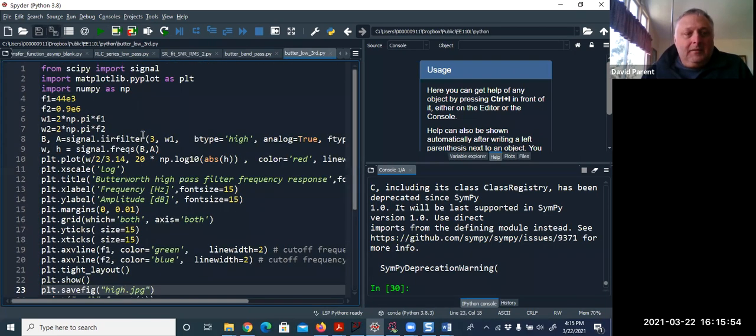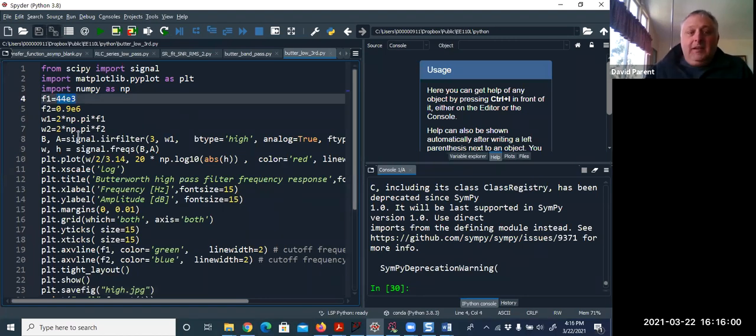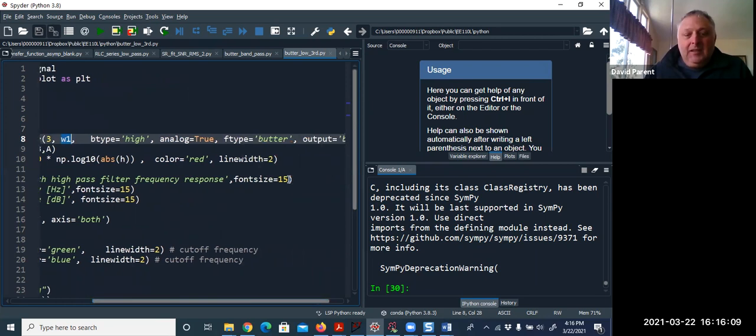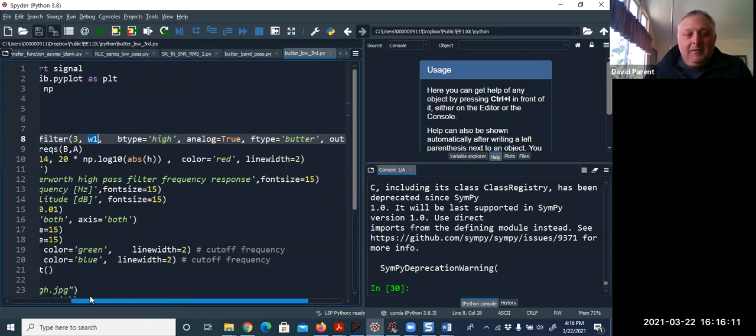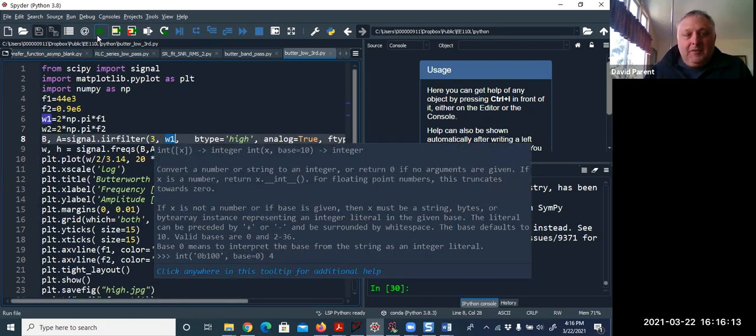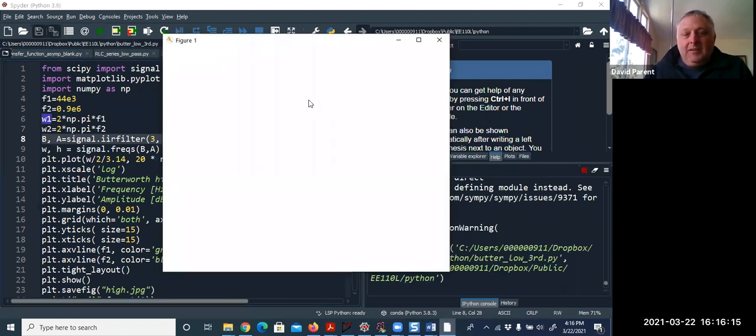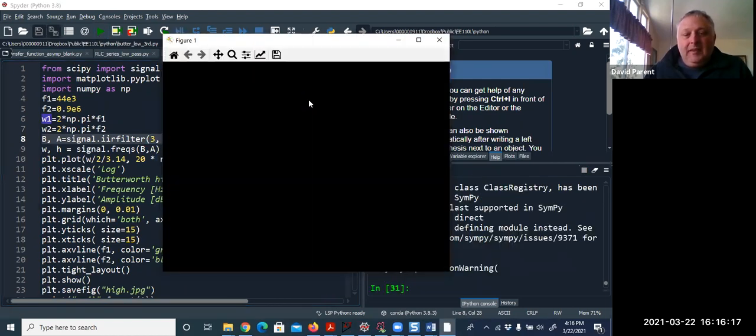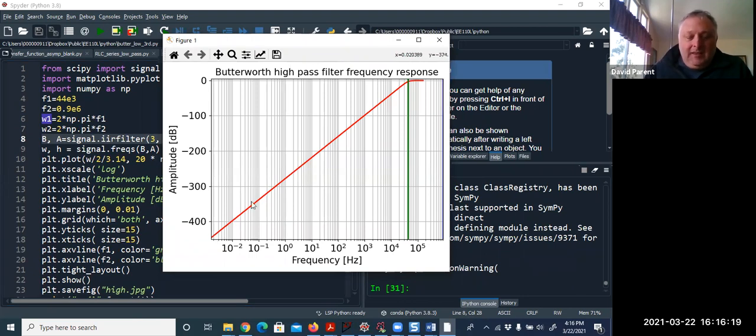So here, when you run it, you give it a frequency, in this case 44 kilohertz, and you tell it third order, and you just say that's where I want that 3 dB point to be. It's going to be a Butterworth, and it's going to be a third order. Then when you run it, it gives you the constants, and the magnitude of the Bode plot.